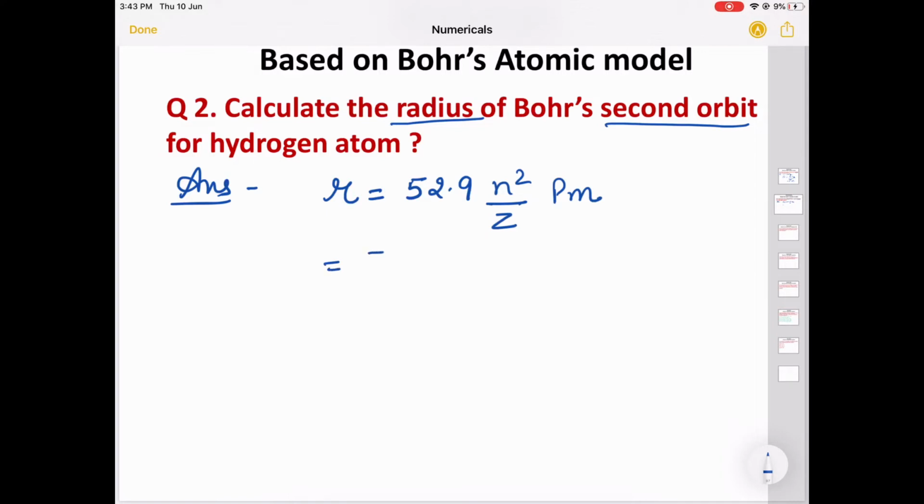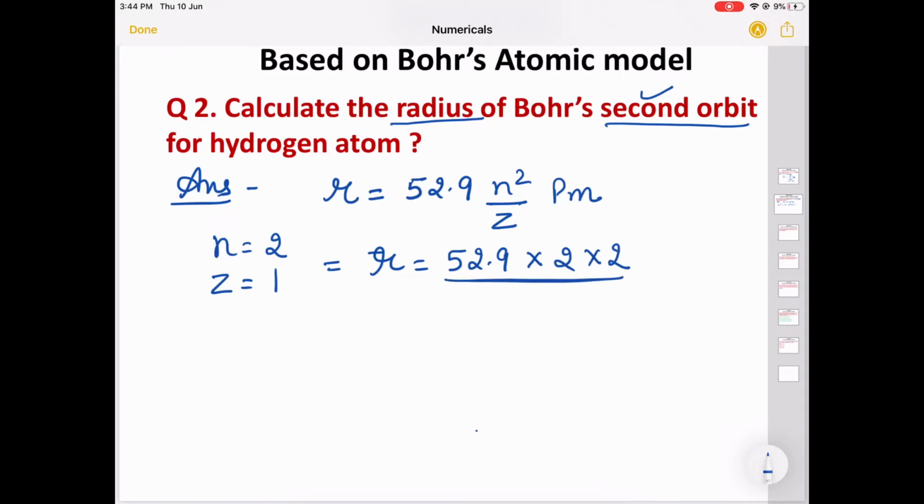The value of n here is 2 because it is given second orbit, and for hydrogen atom Z is equal to 1. Putting these values in the formula, R is equal to 52.9, n is 2, its square, divided by 1.